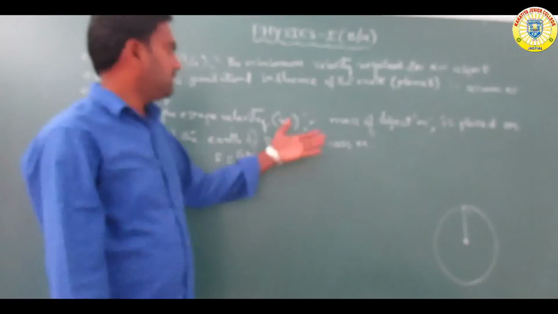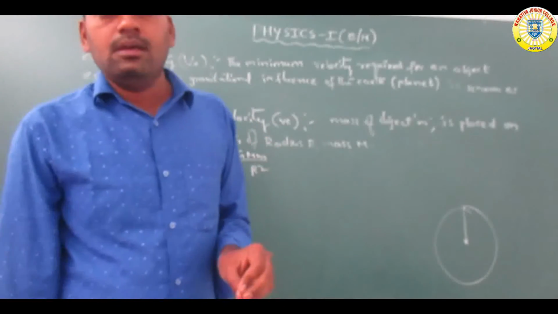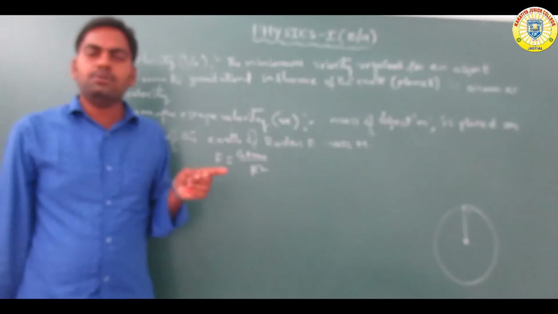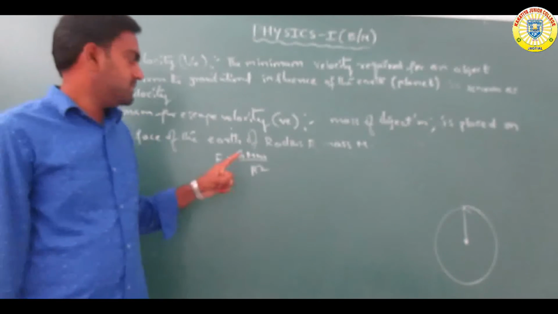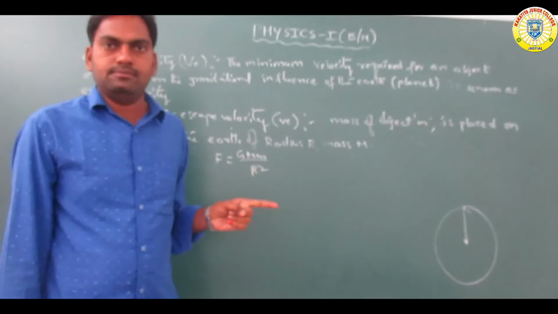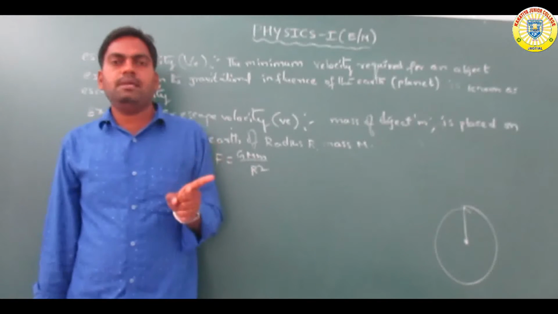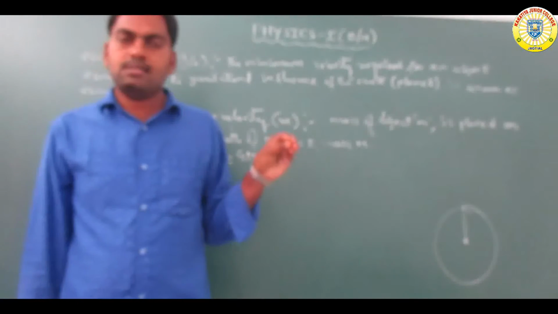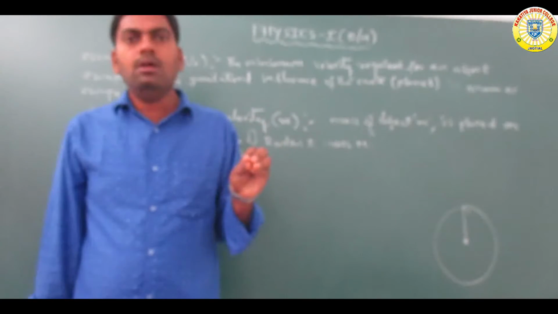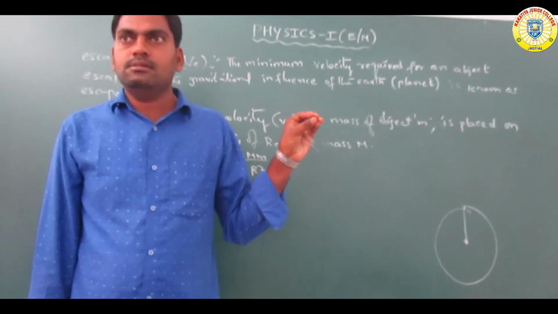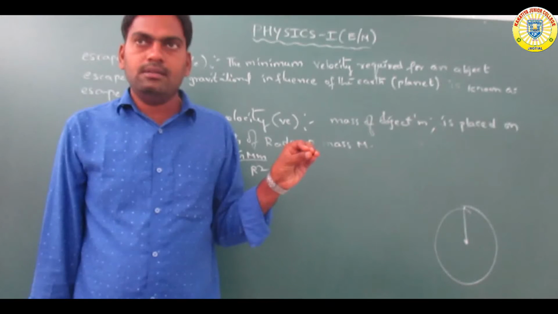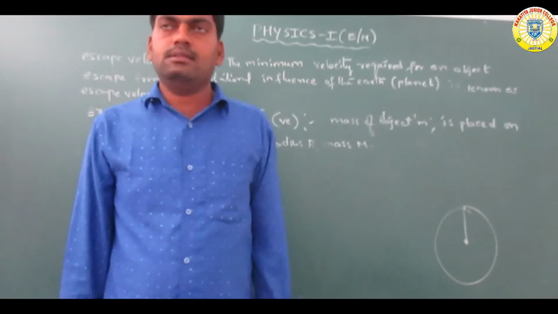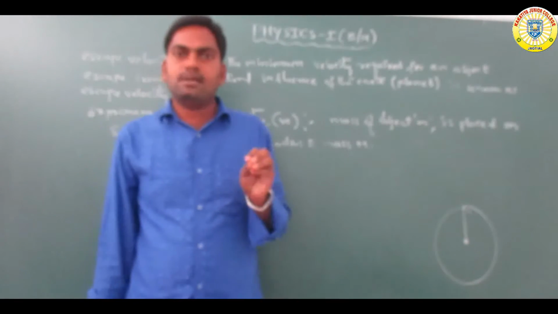According to Newton's gravitational law, the gravitational force F is G M m by R square. Here we assume the object is brought from infinity to a point on the surface of the Earth, whose radius is capital R.